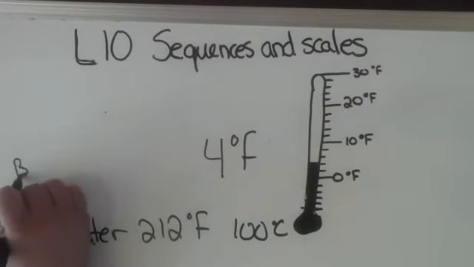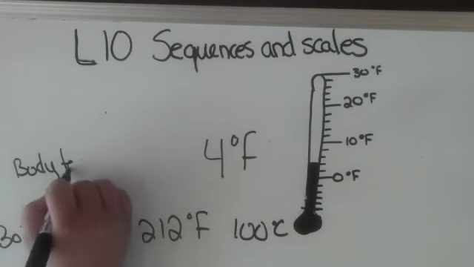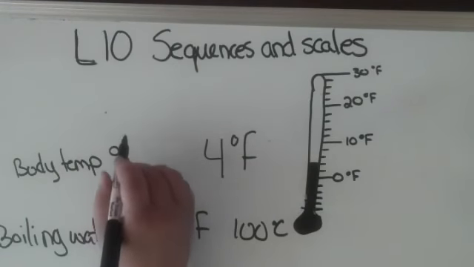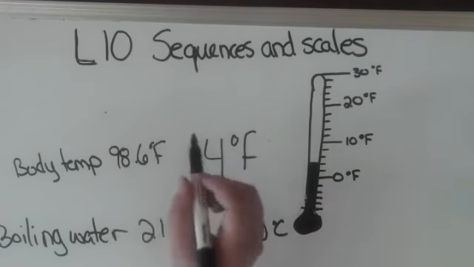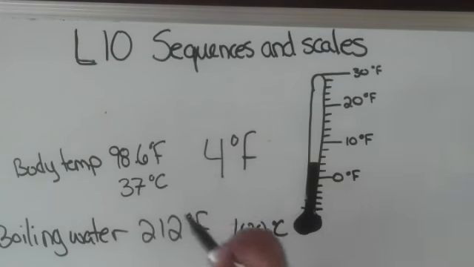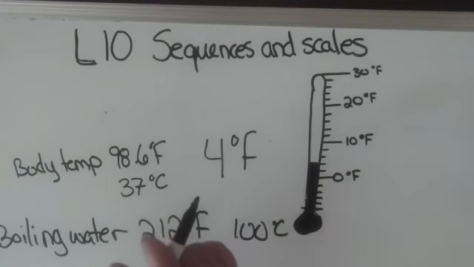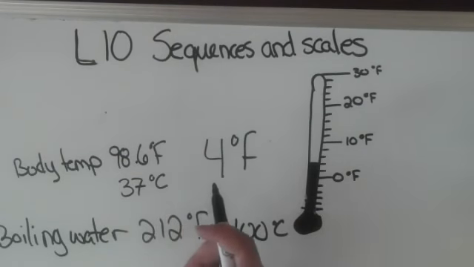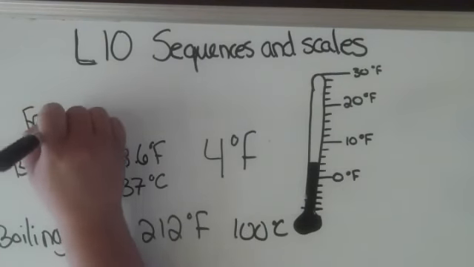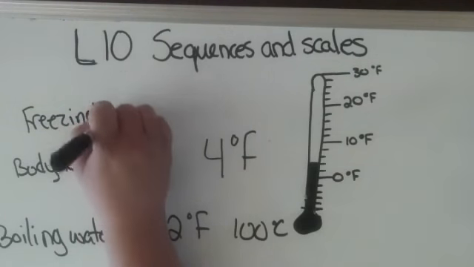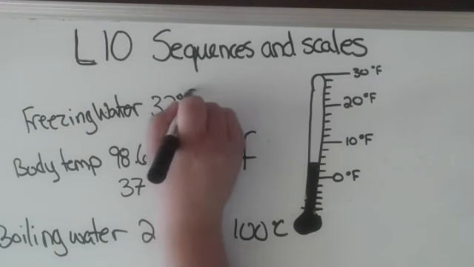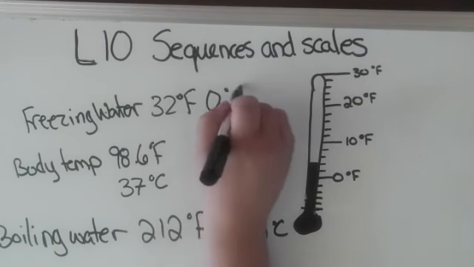Body temp is 98.6 degrees Fahrenheit and 37 degrees Celsius. That's normal body temp, or around normal. And freezing water is 32 degrees Fahrenheit and 0 degrees Celsius.